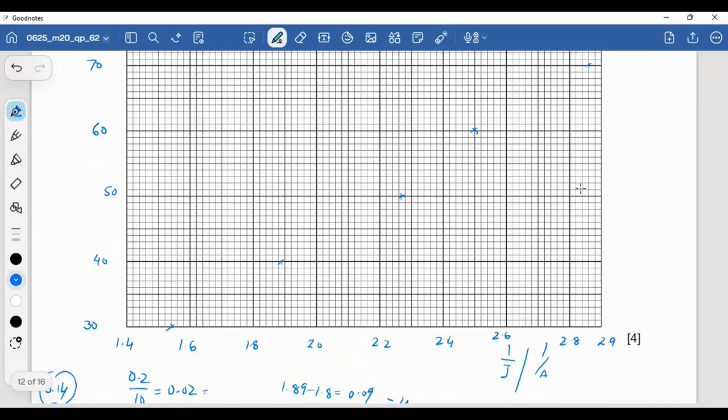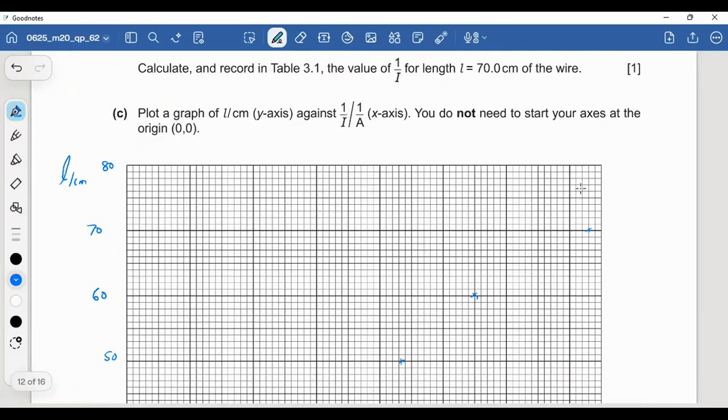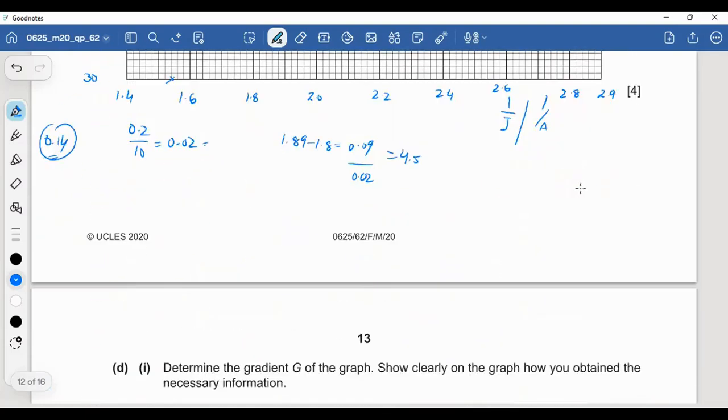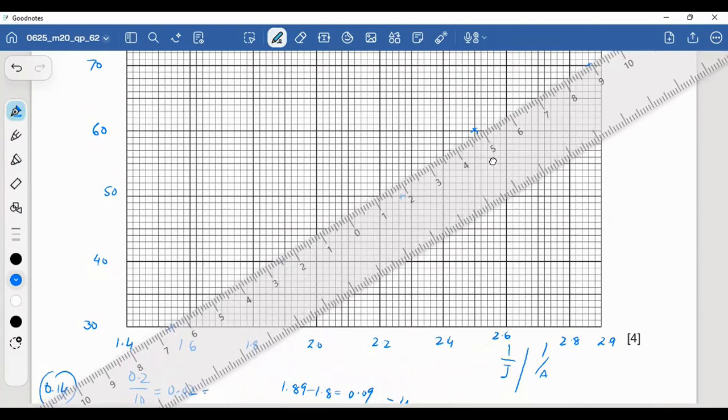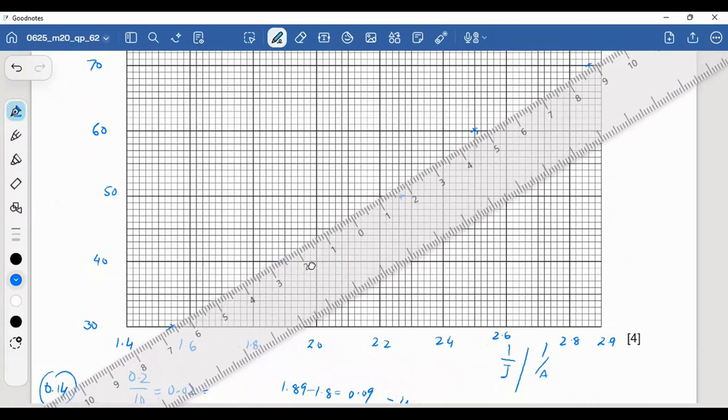You may get exactly the third mark for this, and the last mark is for the best fit line. It's not mentioned what you have to do, so all the other points should be roughly equidistant from it. See, it's passing through 3 points here, and this point and this point are above and below it at equal distance.